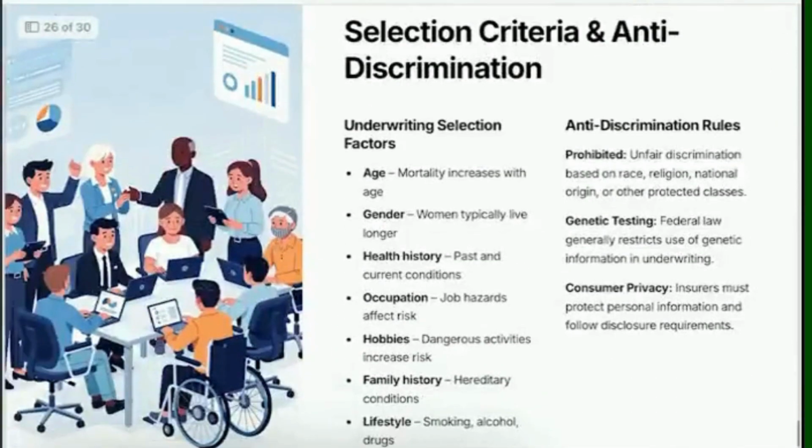All right. Selection criteria and anti-discrimination. We cannot discriminate when it comes to life insurance. We shouldn't discriminate anywhere anyway. But insurance is discriminatory by nature, almost, in the fact that they can rate people differently.